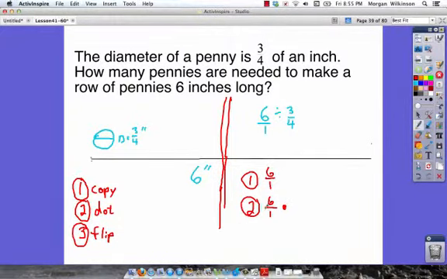Step 3 says to flip. So we're going to take our last number, 3/4, and flip it, or find the reciprocal of 3/4, which must be 4/3. So we're going to take our first 2 steps, 6/1, copy, dot, flip. We're going to take 3/4 and turn it into 4/3.